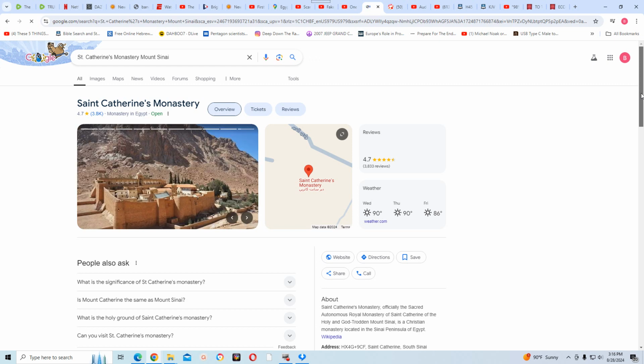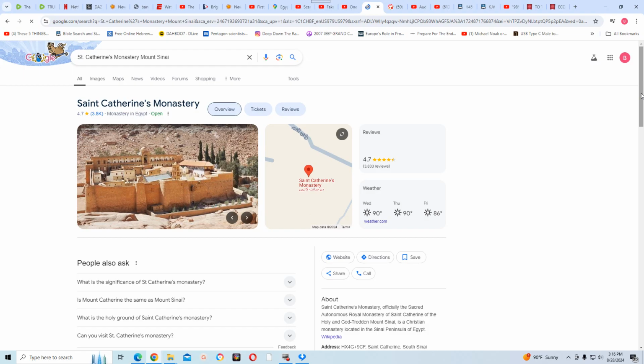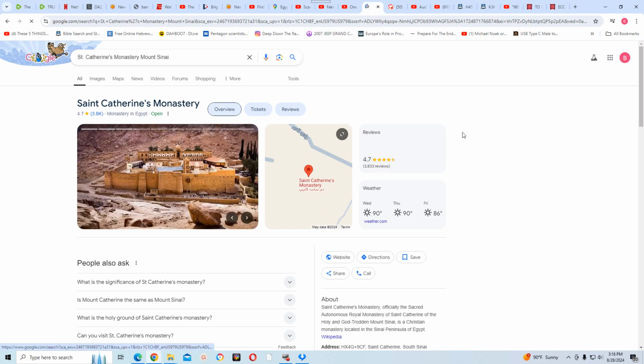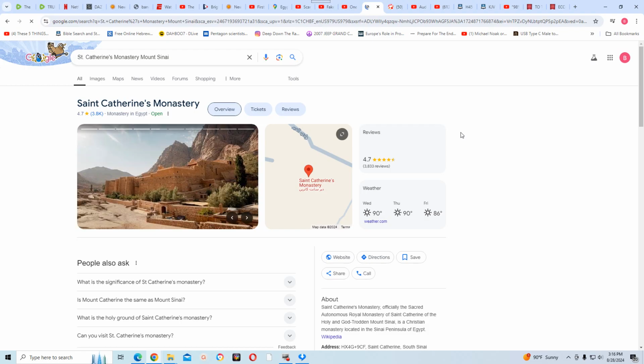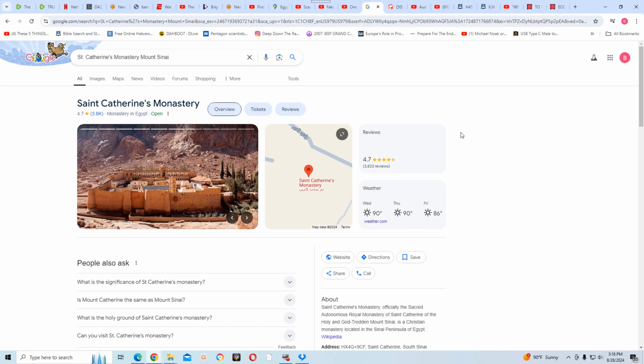St. Catherine's Monastery, which is in Mount Sinai. It says monastery in Egypt. The Sinai is, you got Egypt, you got the wilderness of sin. We was in there for 40 years. Then we went north to our promised land. Okay?